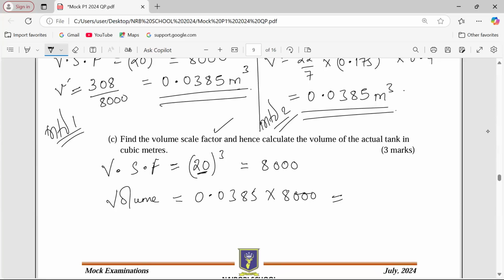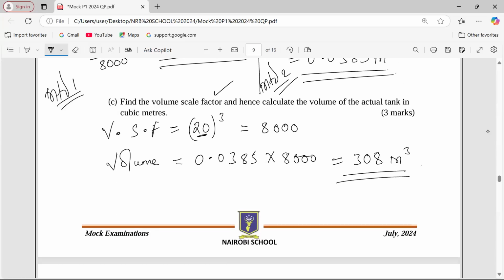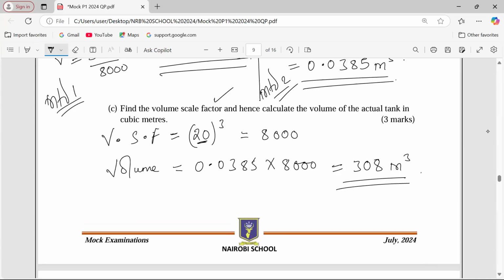This will give us 308 cubic meters. That way. So we had already done this before in our first approach. Yeah, we had done it already. So that is it.